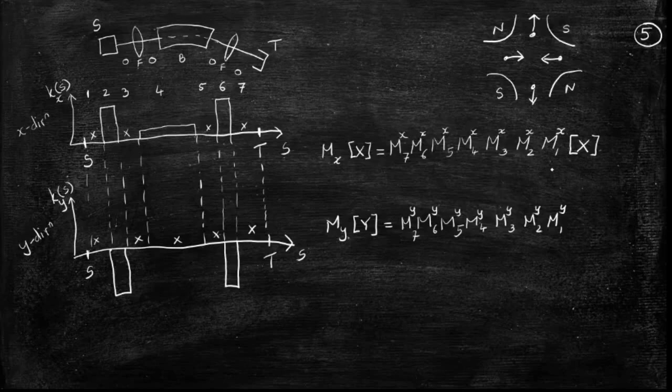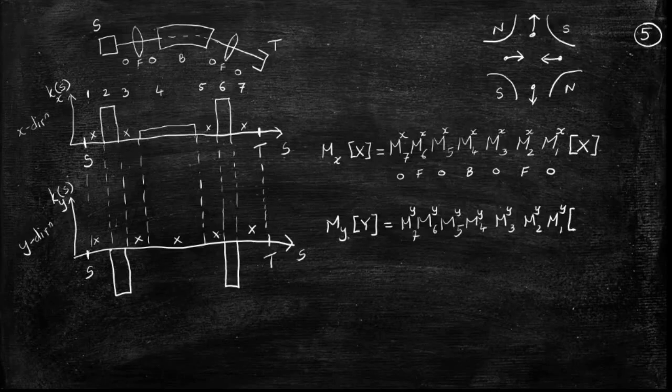This is a drift space. This is a focusing magnet. This is another drift space. This is a bending magnet. This is another drift space. This is again a focusing magnet. This is another drift space. Similarly for the other guy.